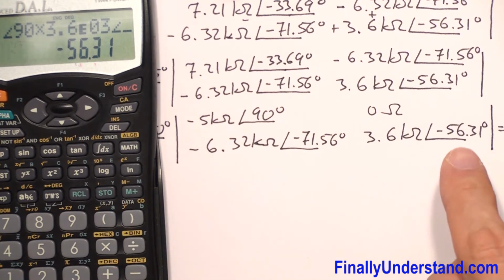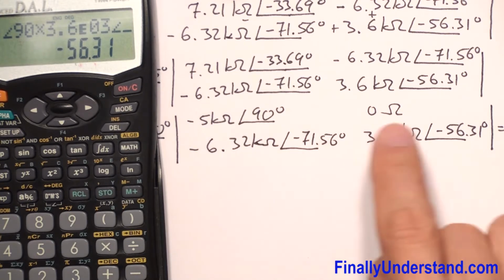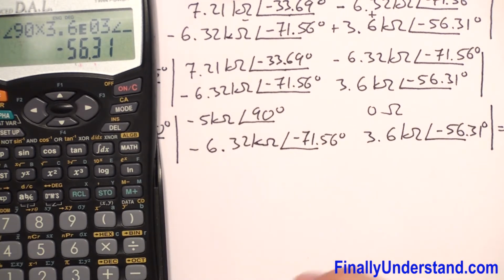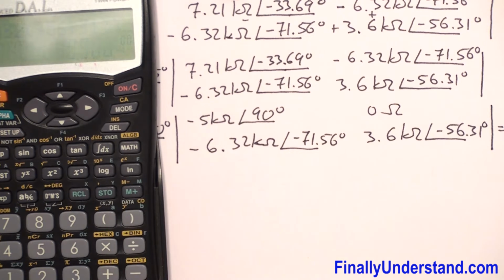Okay, and minus 0 times 6.32 will give me 0. That's why I'm not going to type it. Simply press close parenthesis and equal.